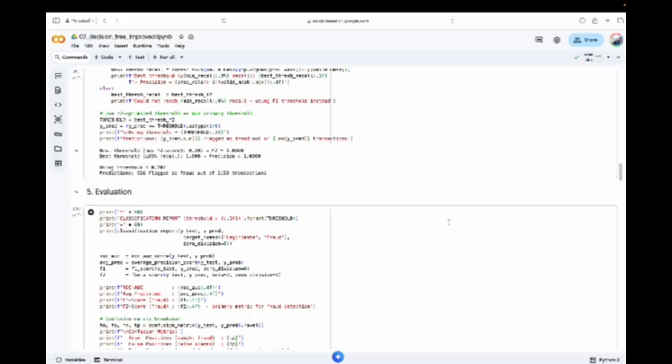Here we evaluate the model using multiple metrics. ROC AUC and average precision show overall performance, while F1 and F2 focus on fraud detection. F2 score is especially important because it prioritizes catching fraud.